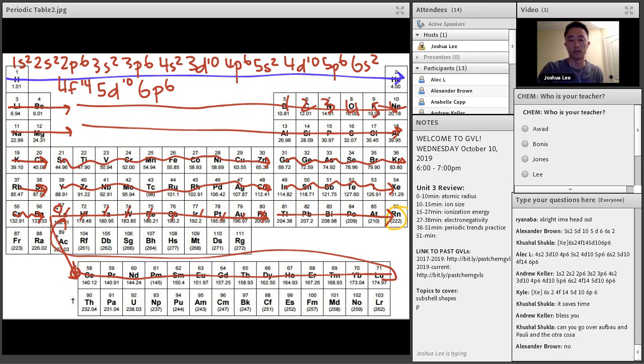All right, let's see. Principles, so the rules. And then subshell shapes. Really, if you do need to know the subshell shapes. Wow. Tongue twister.